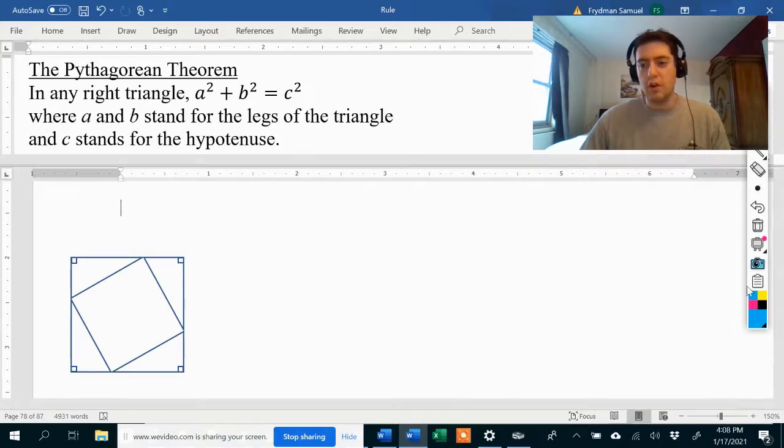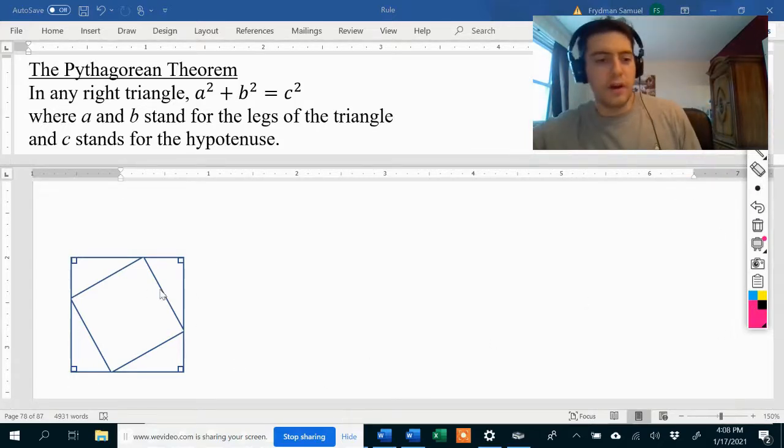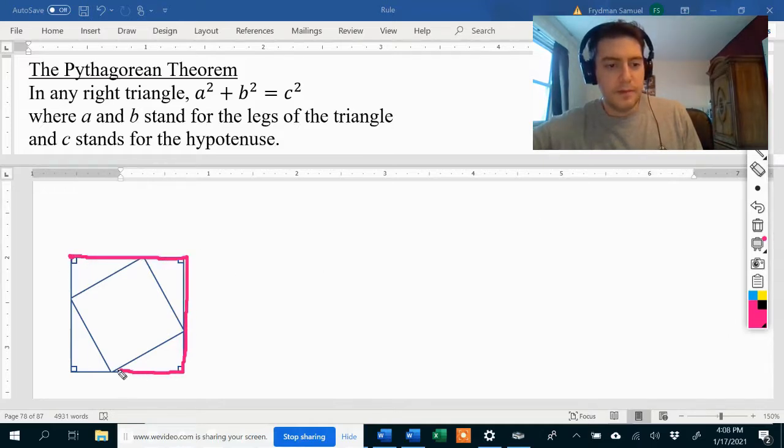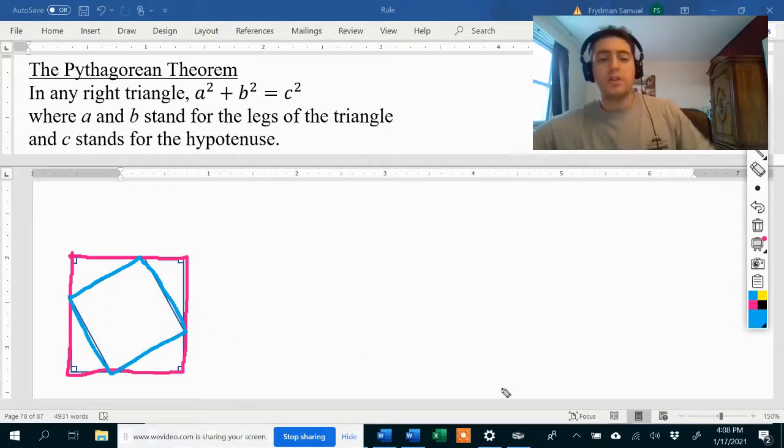So I'm going to call this square the outer square, and you can see I got another square in here, I'm going to call that the inner square.